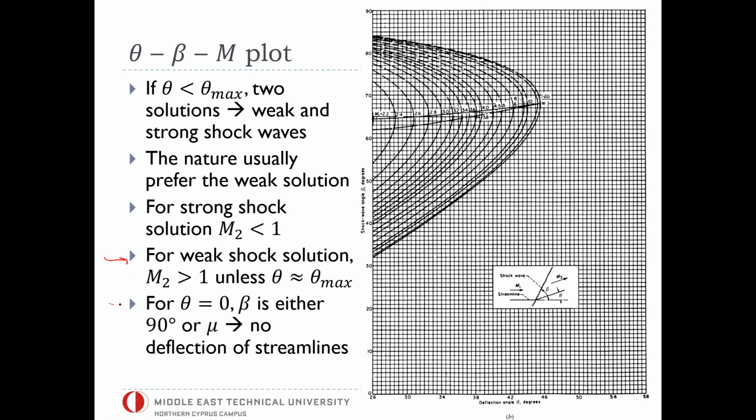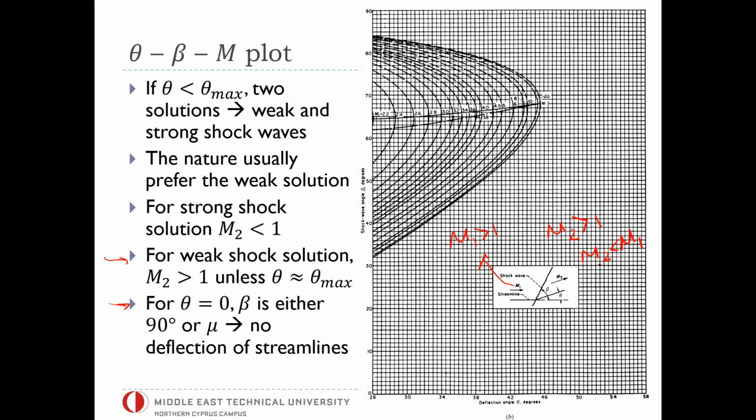Generally, in an application like this, M1 is greater than 1, supersonic. And generally M2 is also supersonic. M2 is greater than 1, but generally M2 is less than M1.